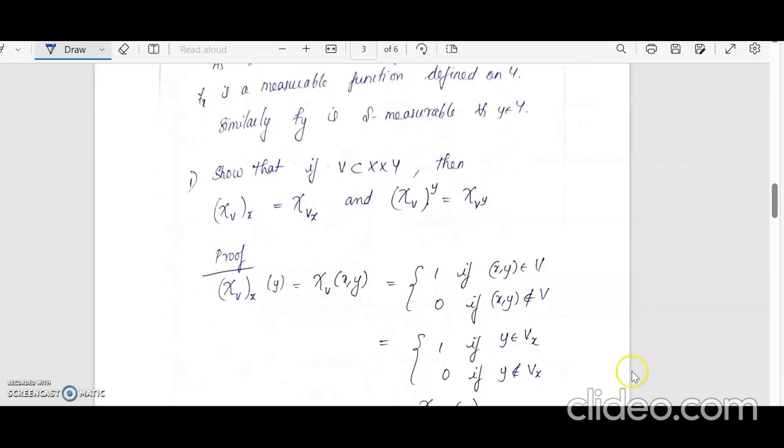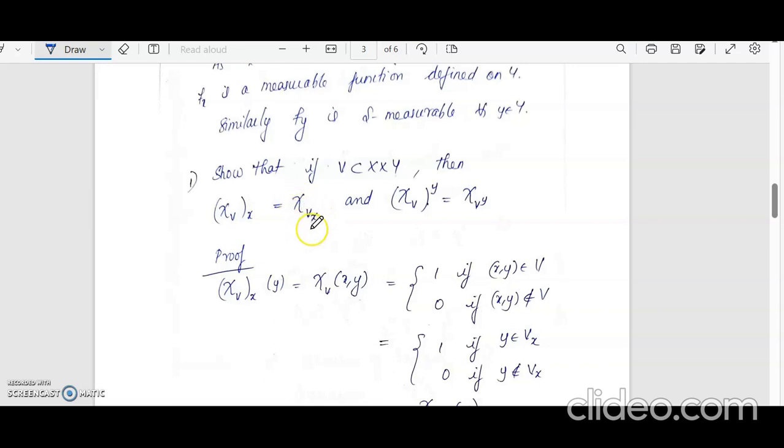Now we'll look at what is the x section and y section of a characteristic function. We need to show that if V is contained in X cross Y, then the x section of the characteristic function chi V is the same as chi of the x section of the set Vx.